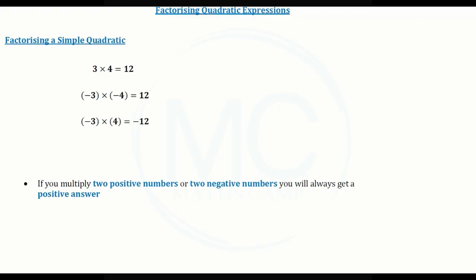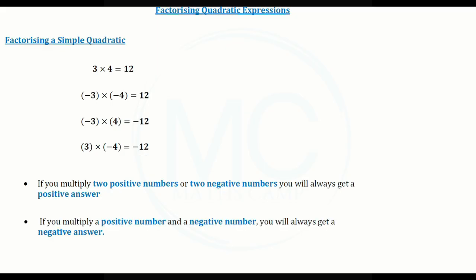Now let's look at negative 3 multiplied by positive 4, and we get negative 12. I hate to love you, therefore I hate you. What about positive 3 multiplied by negative 4? Also gives us negative 12. I love to hate you, therefore I hate you. If we multiply a positive number and a negative number, you will always get a negative answer.